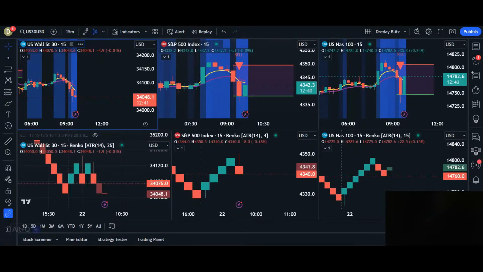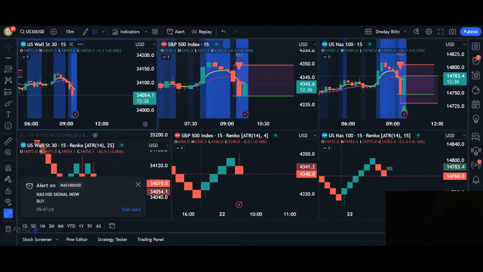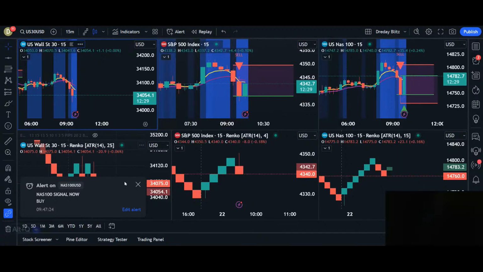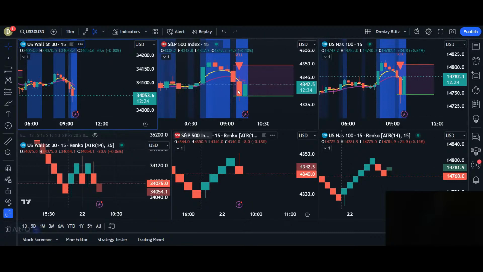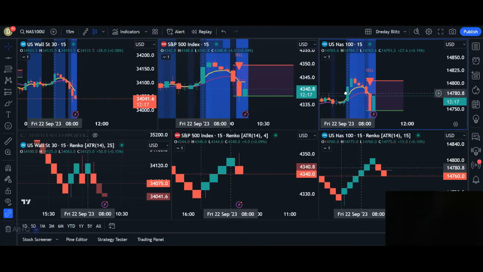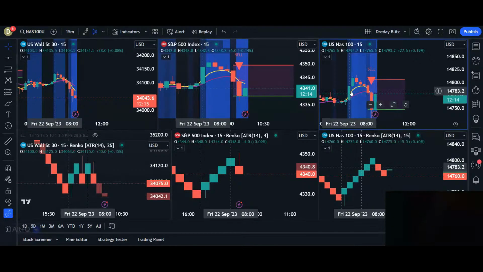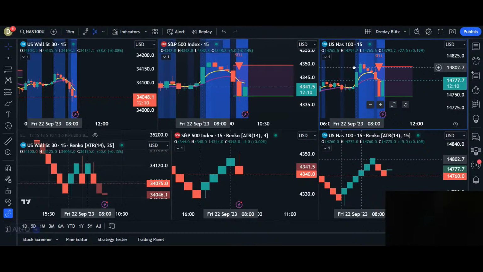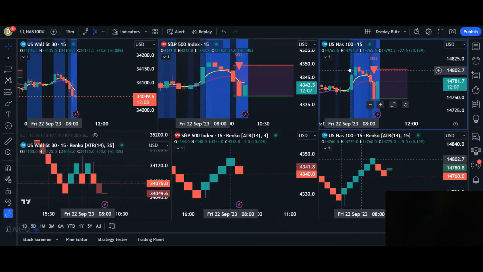So now the news is out. Like I said, we're going to wait until 10 to see where everything will go. We had the Nasdaq buy signal, and it's starting to reverse, guys. We're going to wait for confirmation of the reversal and see if it continues up or down.